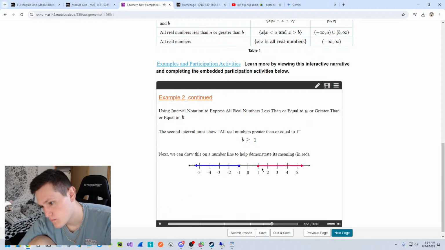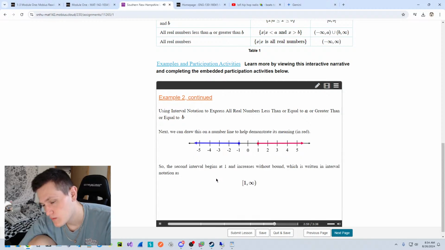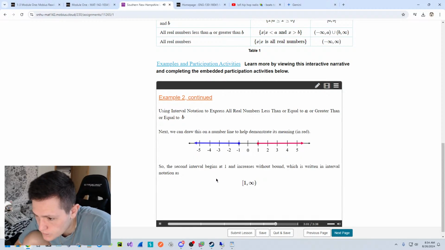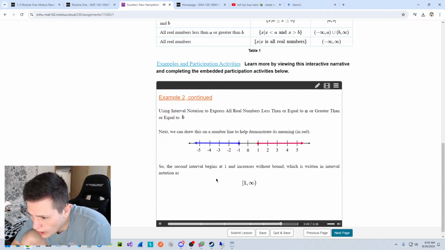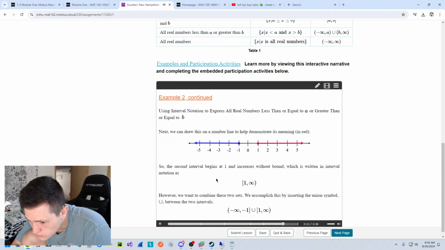Next, we can draw this on a number line to help demonstrate its meaning in red. So, the second interval begins at 1 and increases without bounds, which is written in interval notation as open bracket 1, comma, infinity, parentheses.